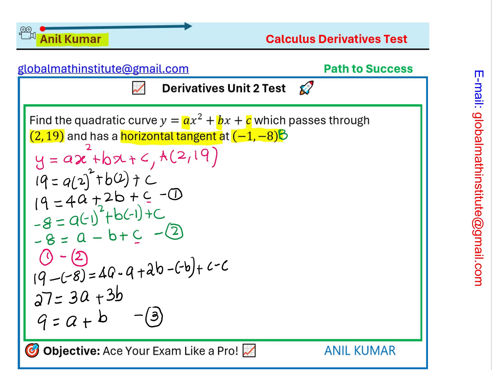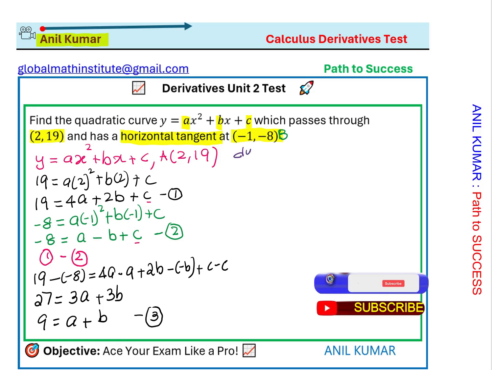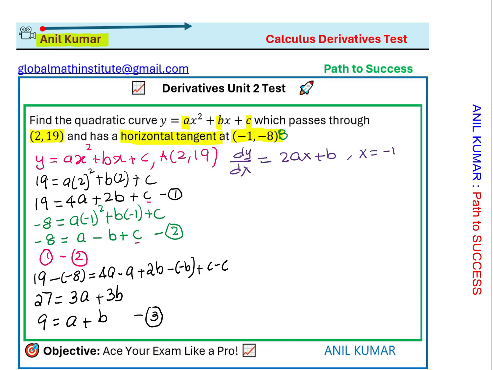Now let's move forward and use the third condition given to us, which is horizontal tangent. So what's the derivative of this particular function? So let's find dy/dx. Derivative will be 2ax plus b. And at x equals minus 1, we know this should be equal to 0, right?